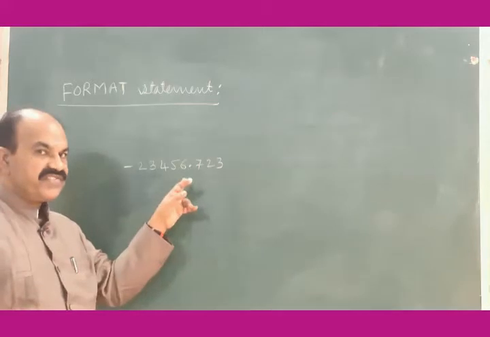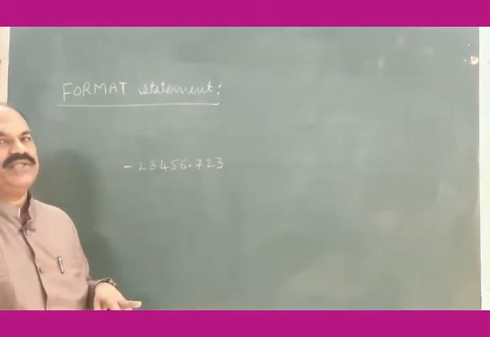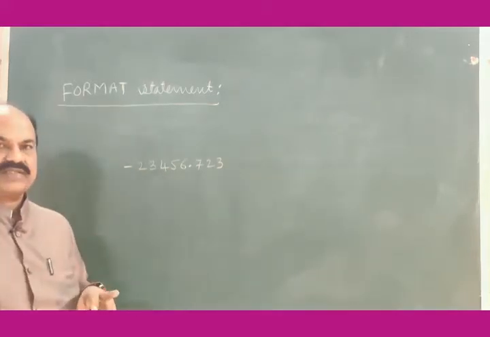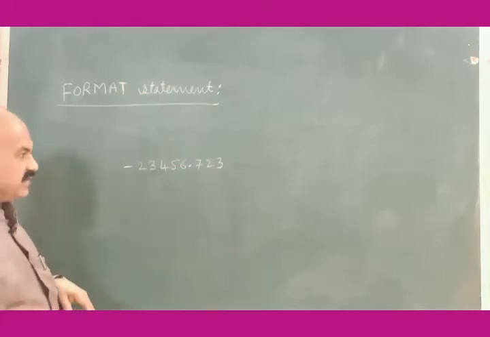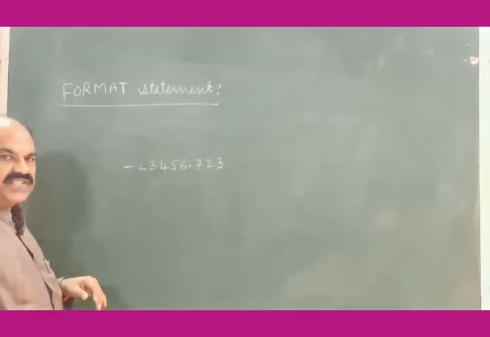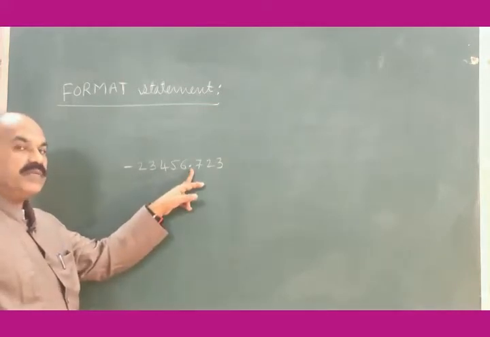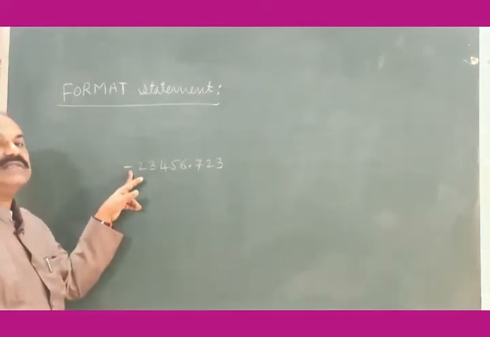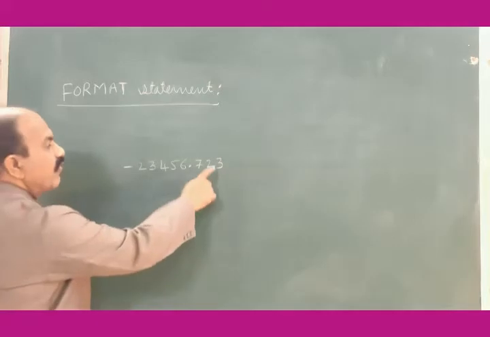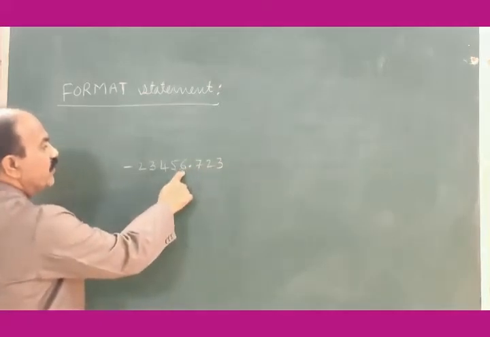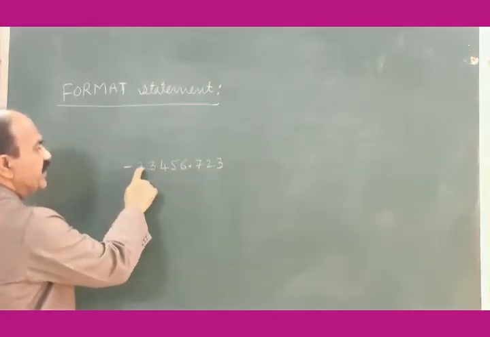When you are providing such data, you have to specify this format. Now, what is this format? Count the number of digits, including the decimal point and the sign: 1, 2, 3, 4, 5, 6, 7, 8, 9, 10.